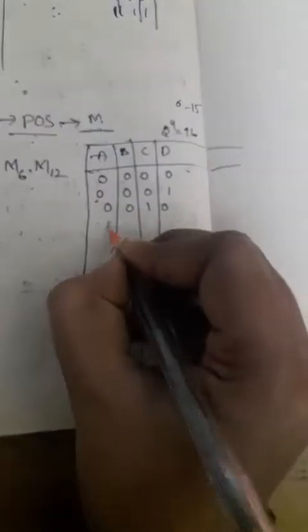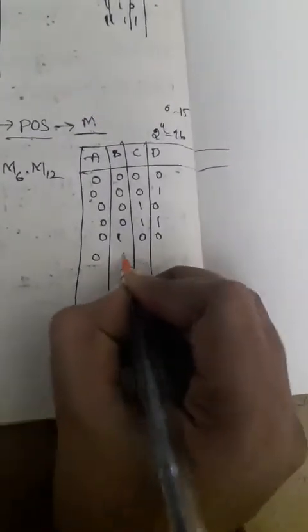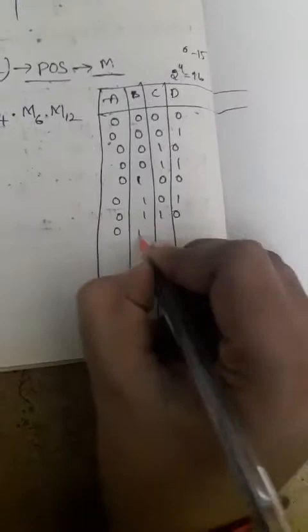Okay, so we have to write 0000, 0001, 0010, 0011, 0100, 0101, 0110, 0111. So after writing 0 to 7, next we start from 1.